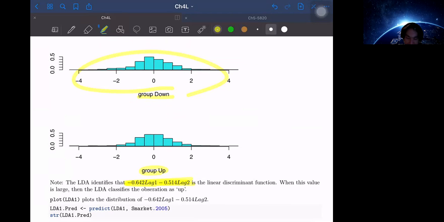You can see that stock market prediction is hard, so these two distributions are similar, but the center is probably around here and around here. So a slight difference, right? Distinguishing the two groups is not really easy.